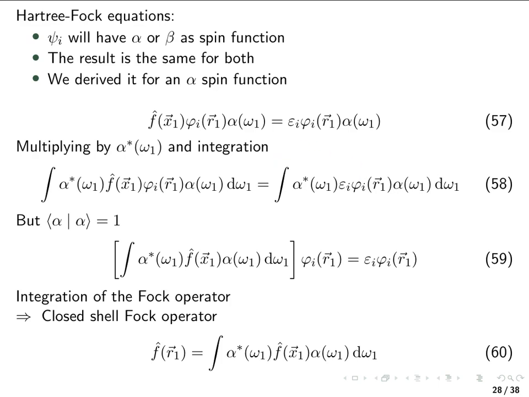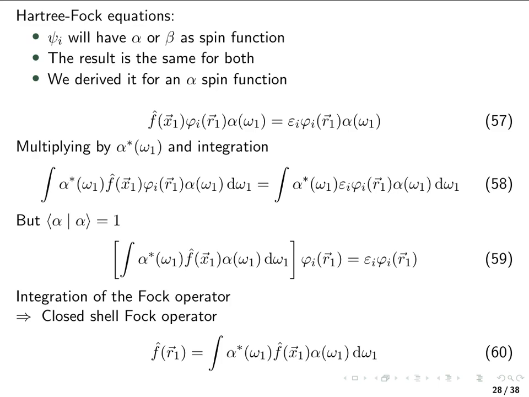So I end up having on the right hand side the orbital energy, the spatial orbital, multiplied with an overlap integral of the alpha spin function. And it's actually not the overlap, but it's the normalization integral, and spin functions are normalized, so this integral is just 1. So the spin integration just gives 1 on the right hand side, and we end up just with the orbital energy multiplied with the spatial orbital.